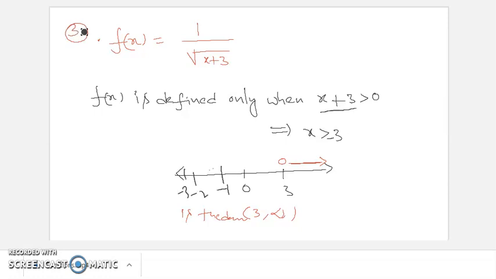Greater than minus 3 means these are all the values we put. So what is the domain of the function? Greater than minus 3 means minus 3 to plus infinity. This is the domain of the function 1 by root over x plus 3.